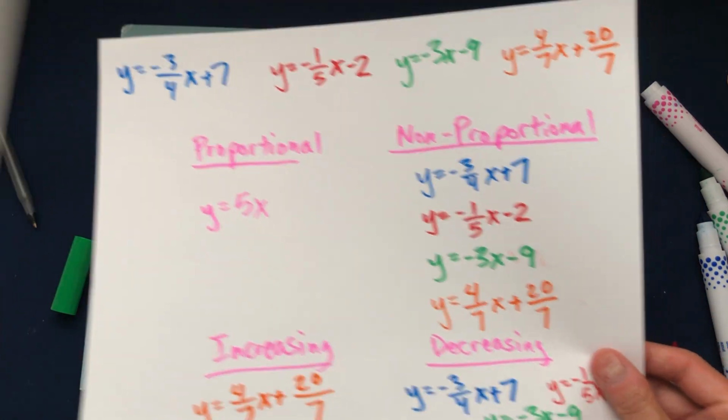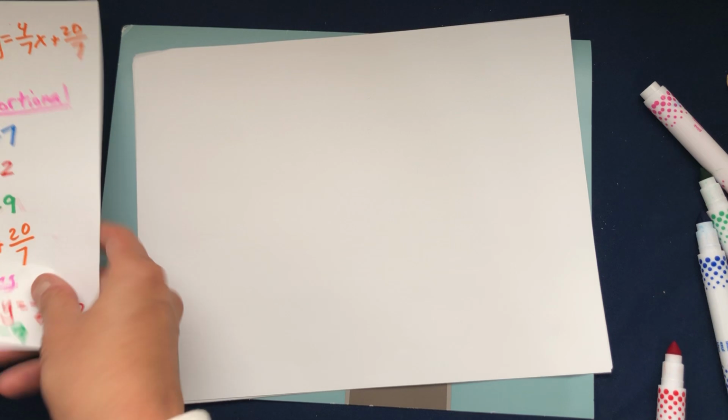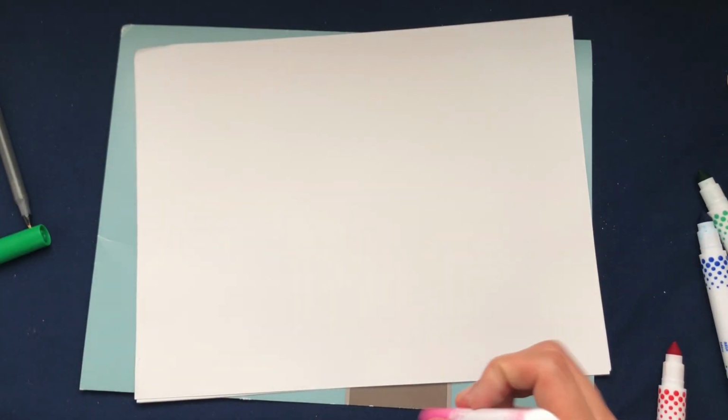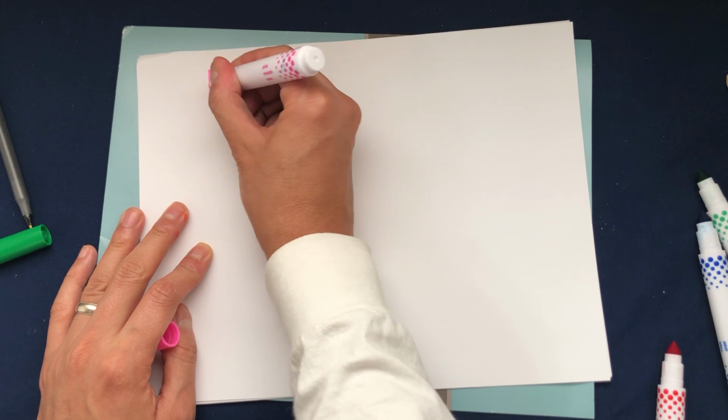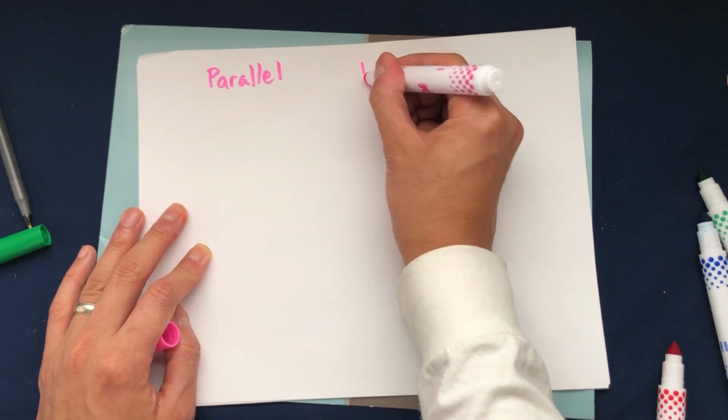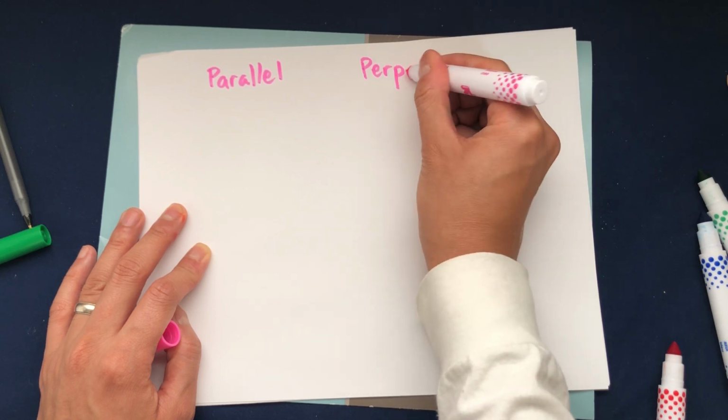Okay, next we're going to look at parallel and perpendicular. So to determine whether lines are parallel or perpendicular, we specifically have to look at their slopes. And also to a certain extent, their y-intercept for parallel lines.